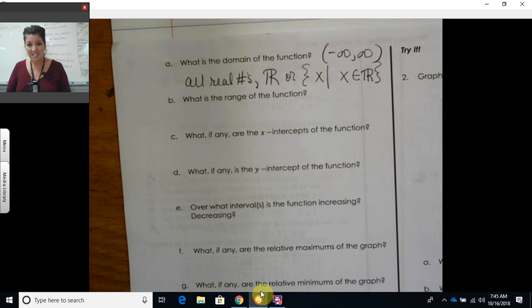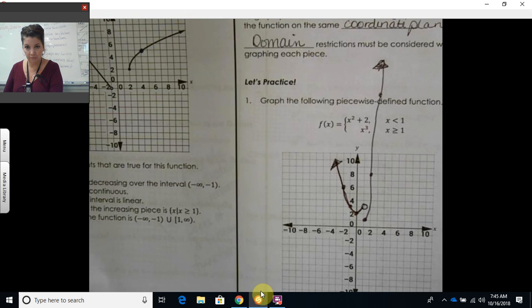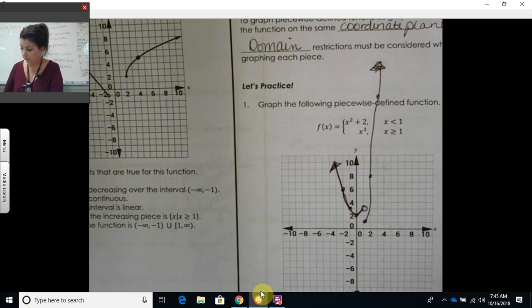What is the range of the function? Is that going to be all real numbers? What is that going to be? Just 1?